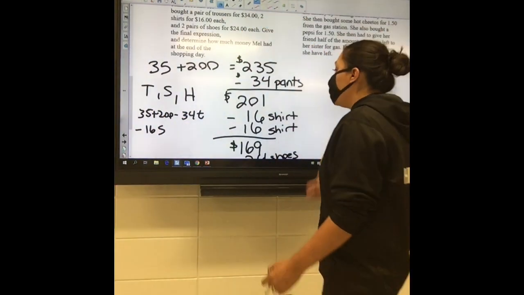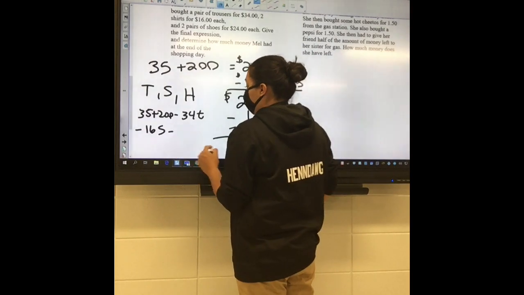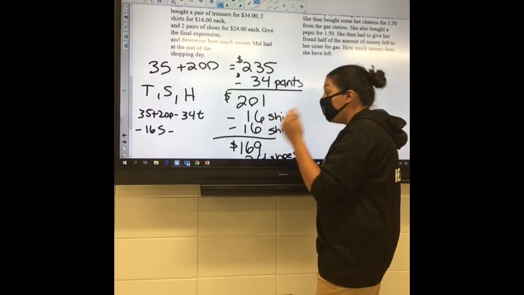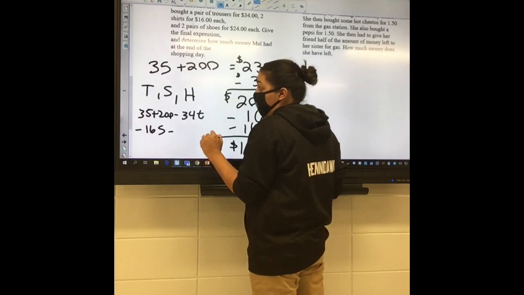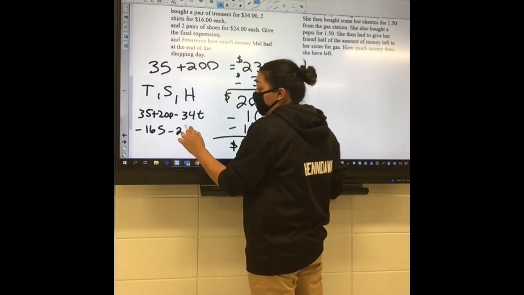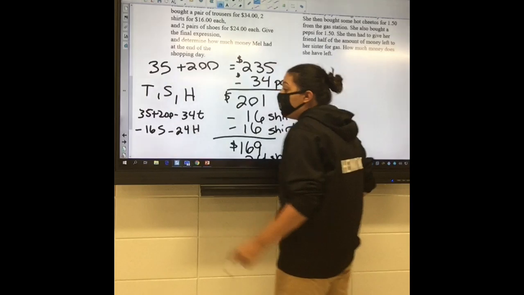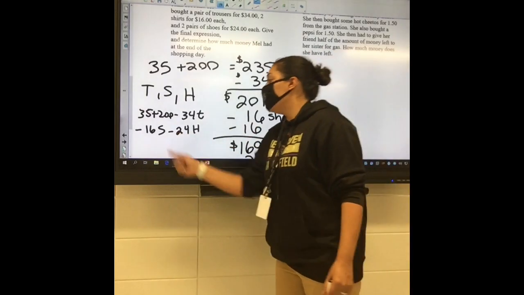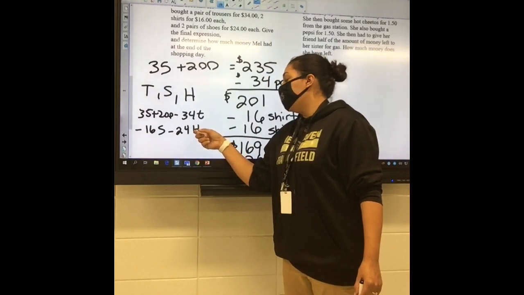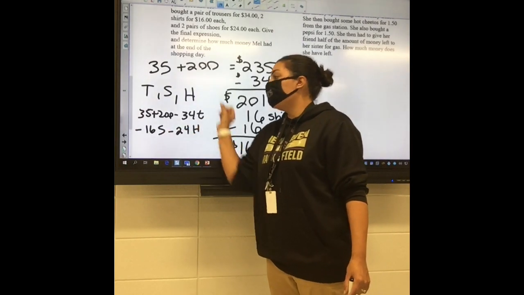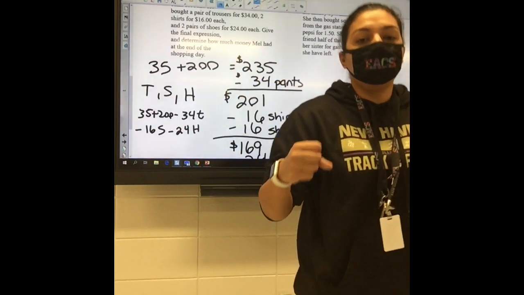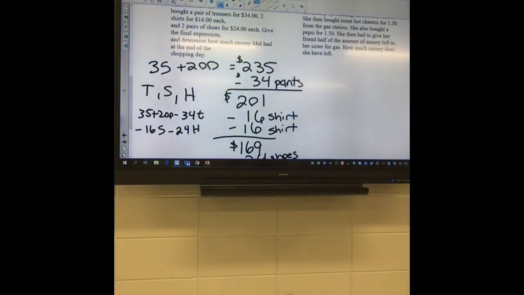And then how many shoes did he buy? 2, and how much were they? $24 each. 24, so what am I going to write? 24H. That would be your expression, and you could plug in 1 trouser, 2 shirts and 2 pairs of shoes, and it would spit out your little answer for how much money he has left, okay?